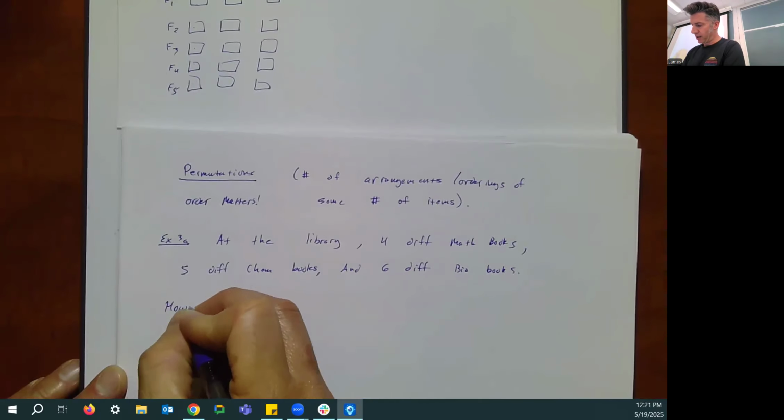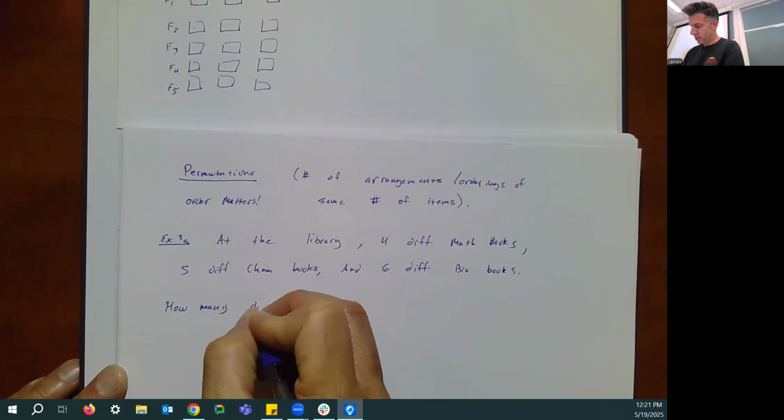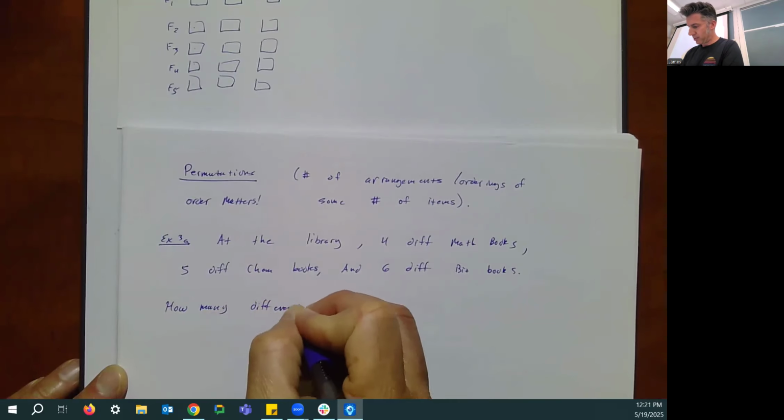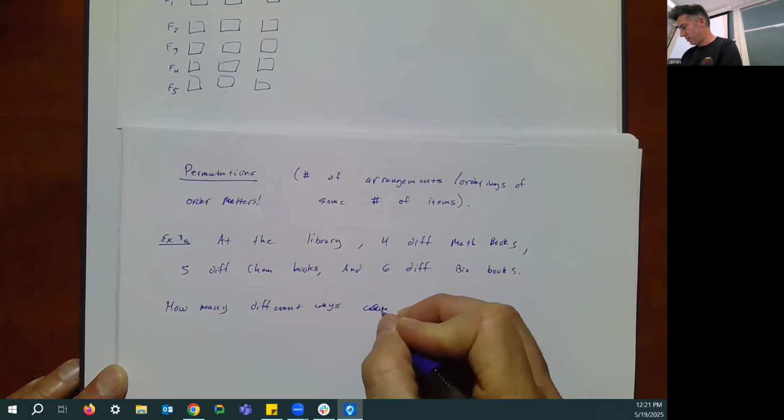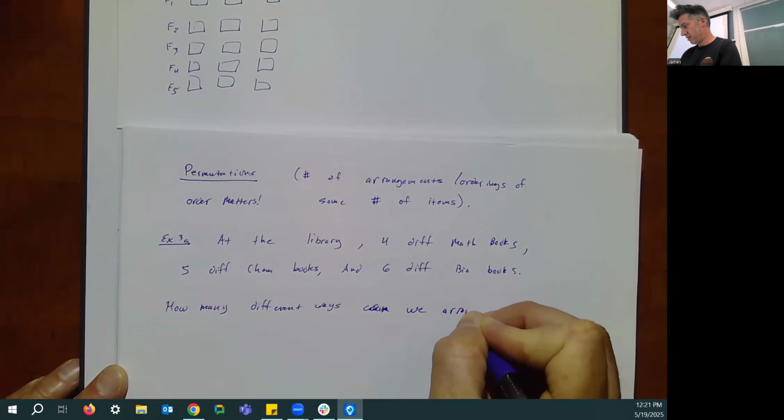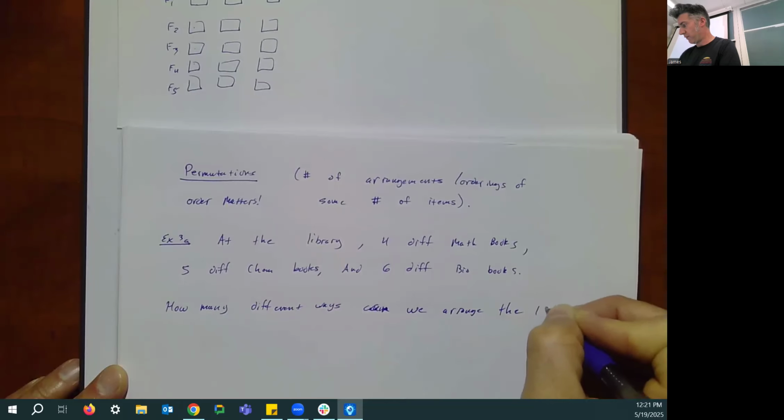How many different ways can we arrange the 15 books on the shelf?